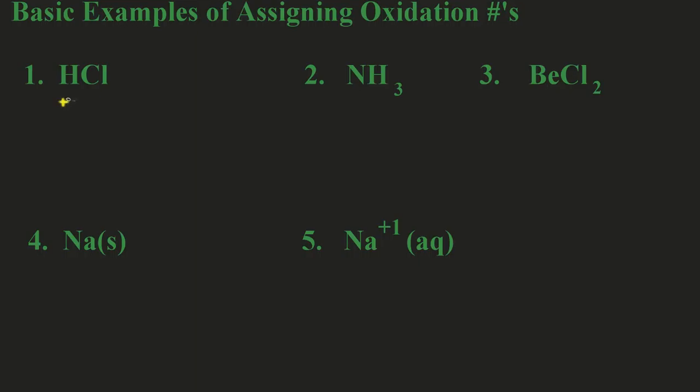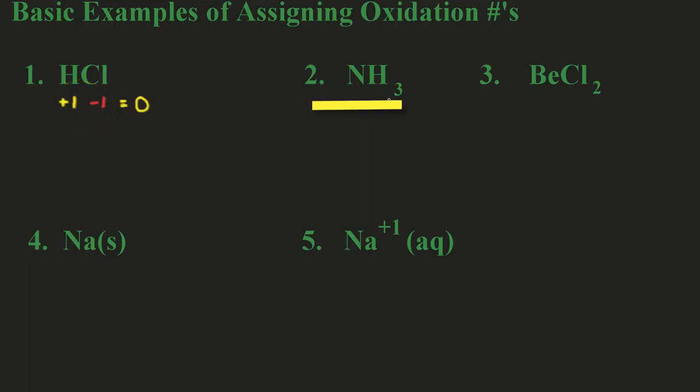I know hydrogen has a +1 charge. Well, what do I need to add to hydrogen to get a neutral charge? Well, that thing I need to add is a -1. So these now have their oxidation numbers. +1 for hydrogen, -1 for chlorine.